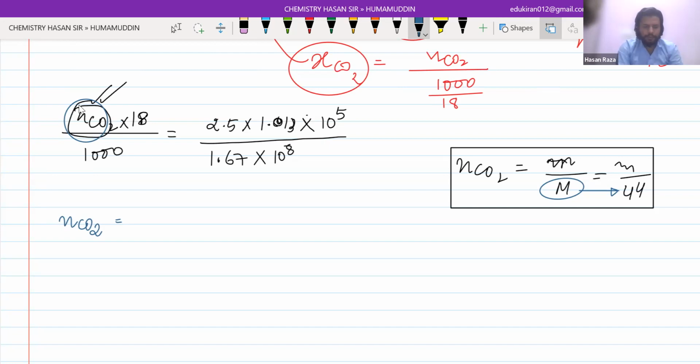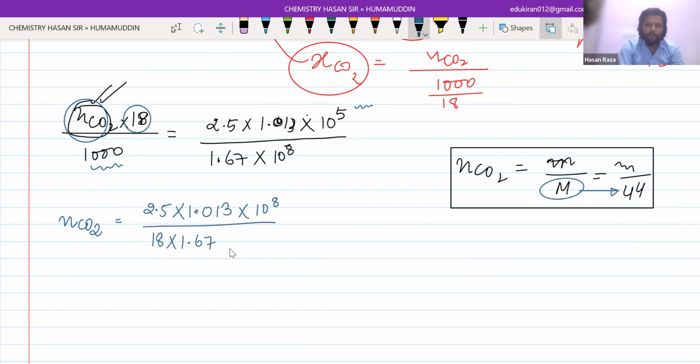Okay, let me explain this. If you solve it, it will be like this: 2.5 into 1.013, and this 10 raised to the power 3 and this 10 raised to the power 5 combine to give you 10 raised to the power 8. And in the denominator, this will be multiplied in this, and 18 into 1.67 into 10 raised to the power 8.